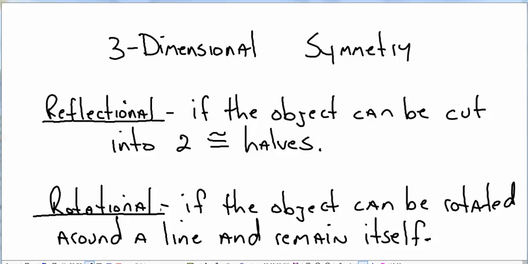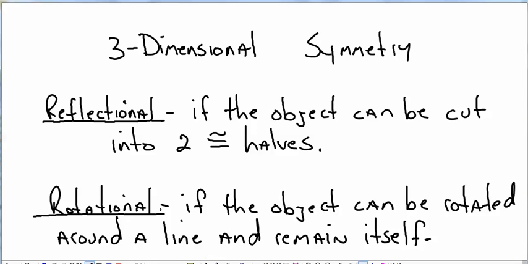This pen holder, does it have reflectional symmetry? Can you cut it into two equal halves? You can't, can you? Because that helmet's kind of offset from the stuff on the ground. If you cut it in half this way, then this half's going to have a helmet and that half won't.